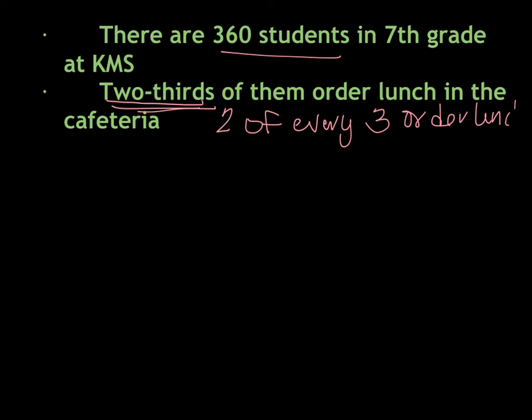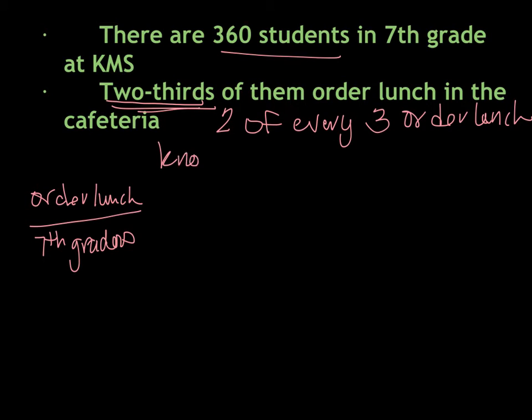So that means the words that we're going to be writing, or what we're comparing, is order lunch over 7th graders. And of course, as always, we have our known and our unknown.